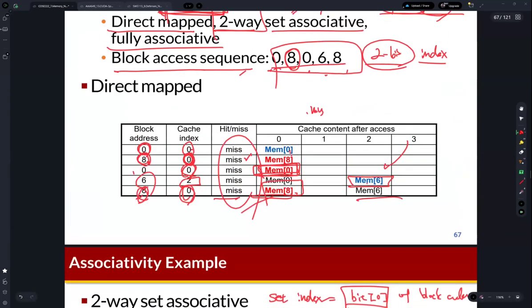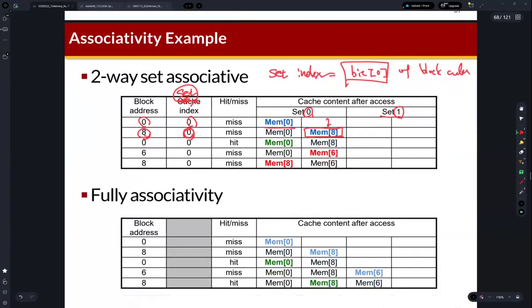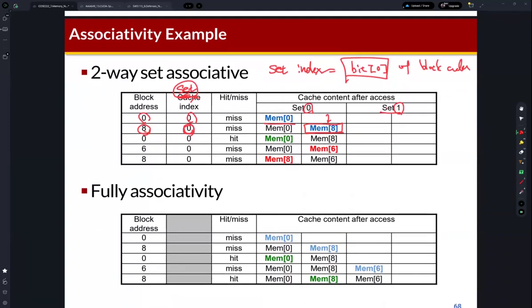In the direct mapped cache, when block address 8 is accessed, the memory block 0 is evicted from the cache. But in the set associative cache, you can find that memory block 0 still exists in the cache. It is because in the same cache set, there are two blocks, so the new block can be allocated to the empty block.